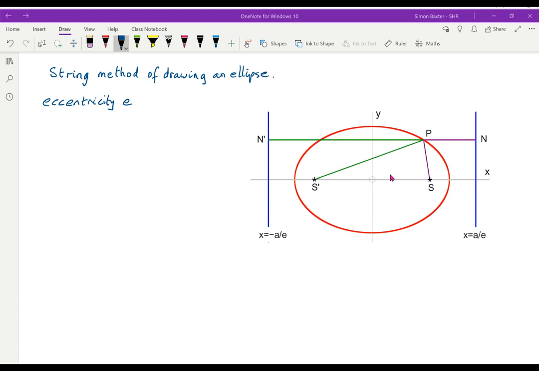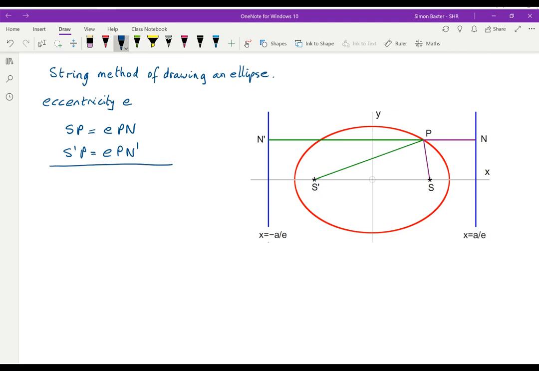And if we use the alternative focus idea, S dashed P will be equal to e times PN dashed. This relies on the fact that the ellipse has two foci and two directrices. So let's just write that down. We have just said that SP is equal to e times PN, using S as a focus. And if we look at the other focus, S dashed P is going to be e times PN dashed.